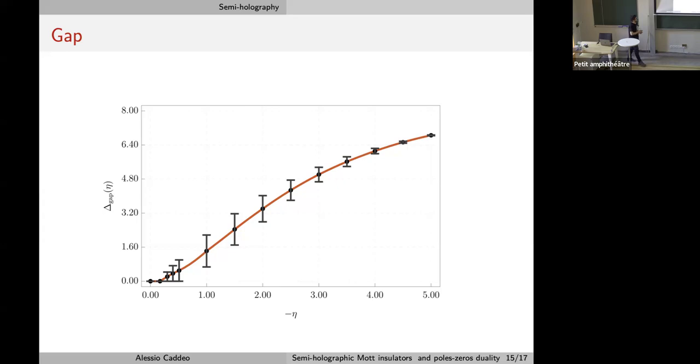This plot is obtained by considering the spectral density at k equal to 0, with two criteria: one in which I ask the spectral density to be smaller than 10 to the minus 2, and the other smaller than 10 to the minus 5. As I increase eta, the two values converge because the peaks of the valence and conduction band of the upper band get sharper and sharper.